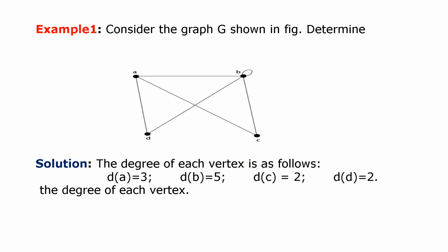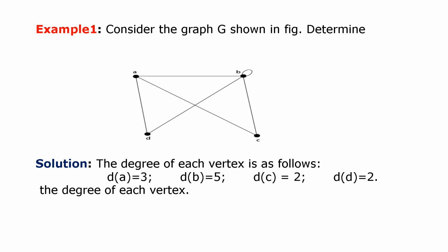Example 1. Consider the graph G shown in figure. Determine the degree of each of the vertex in the graph G. Here A, B, C, D are the four vertex.